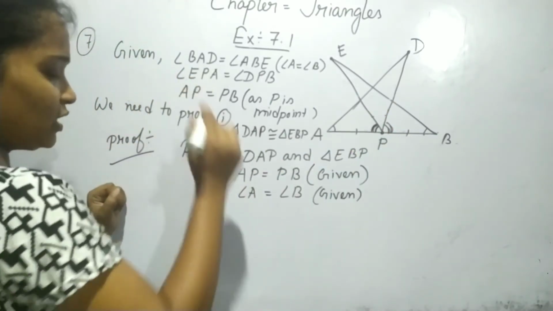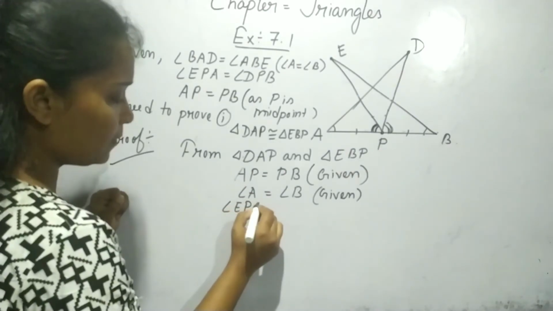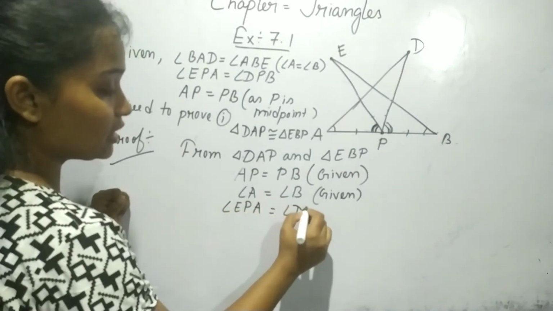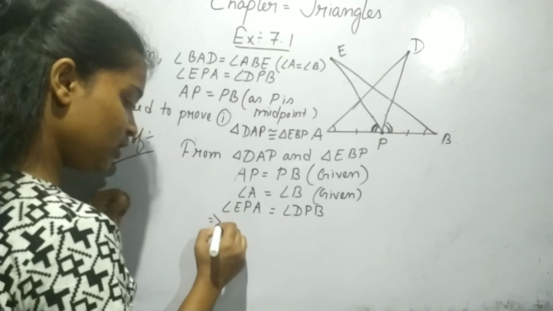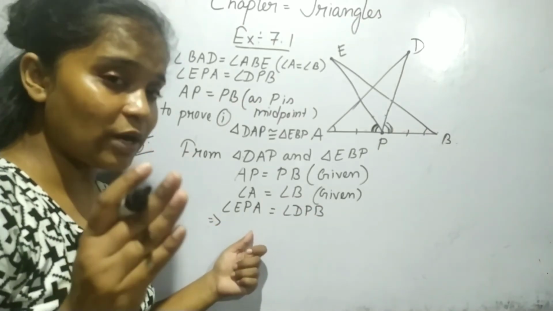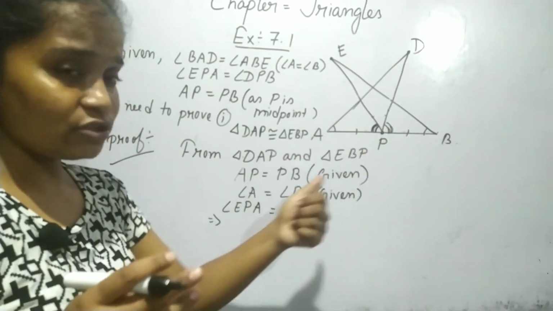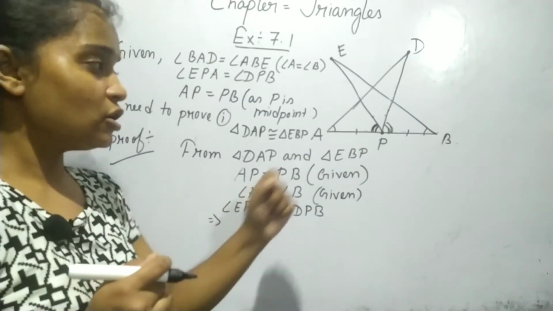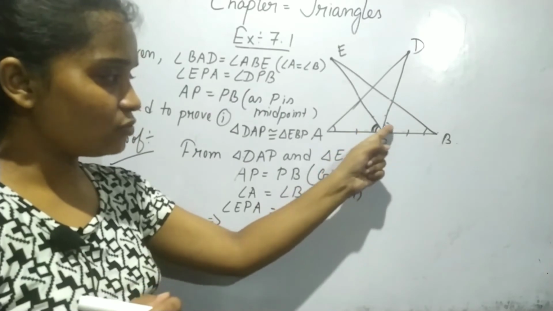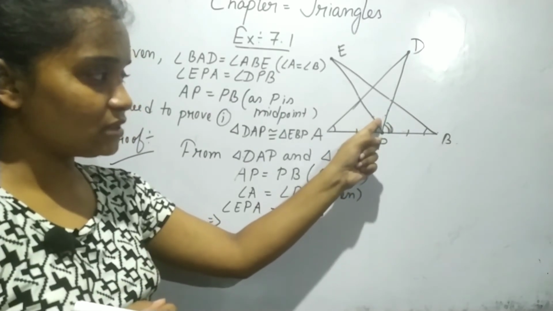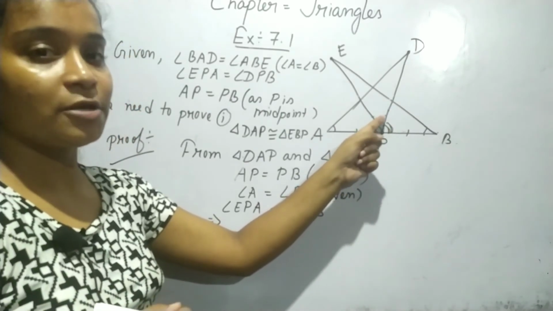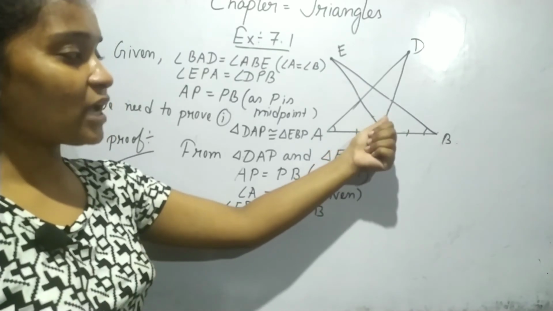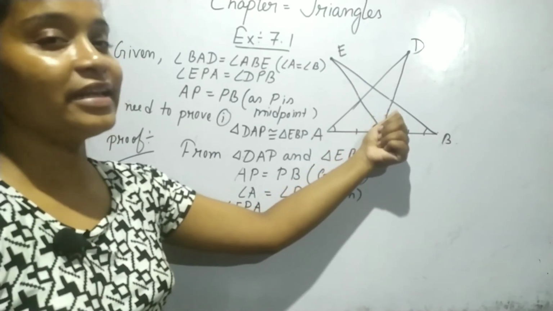Yeah, so first of all, whatever is given, that one is right, that EPA is equal to DPB. But if it is creating a problem, then you have to look at the middle of the two angles, where something is blank. Yes, it is the trick. So in these two angles, which angle is in the middle? This angle is in the middle. So this angle is creating the problem, because for this angle I am not getting the complete angle.